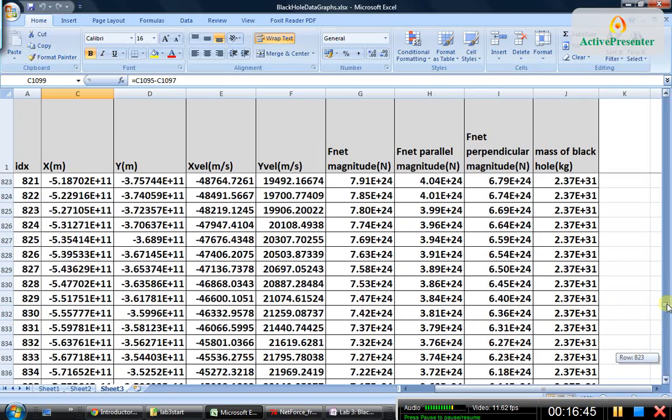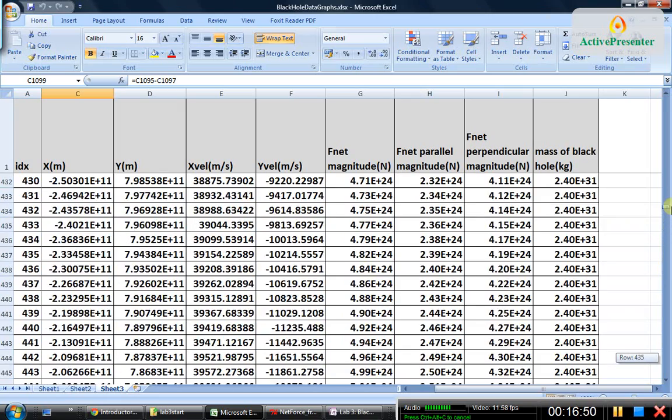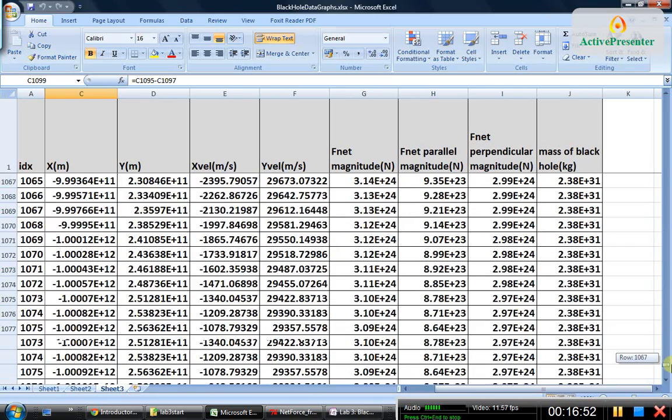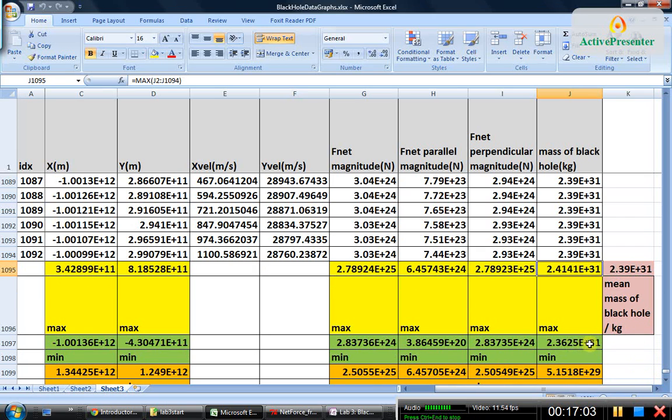It's pretty constant: 2.37, 2.36, 2.40, 2.41. For such a large number, obviously there will be some variation. The maximum value of the mass was 2.41 into 10 power 31, and the minimum was 2.36 into 10 power 31. So the mean mass is 2.39 into 10 power 31 kgs.